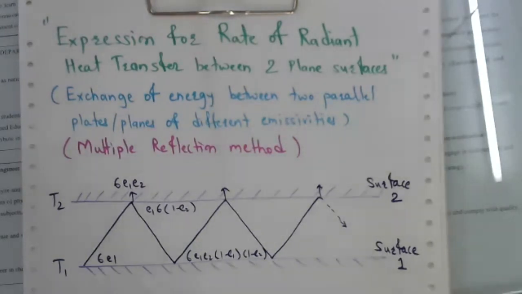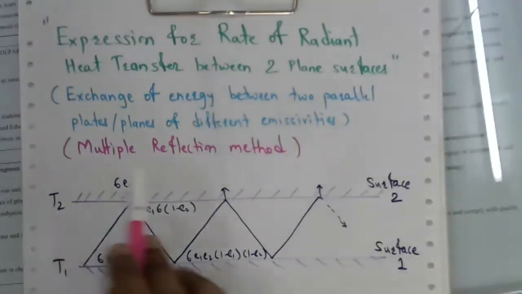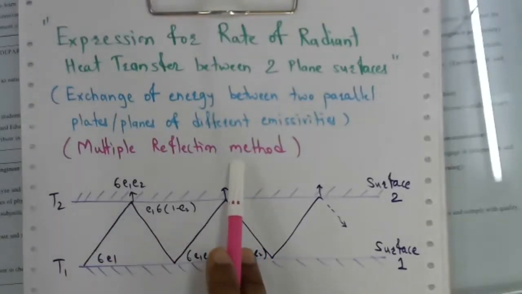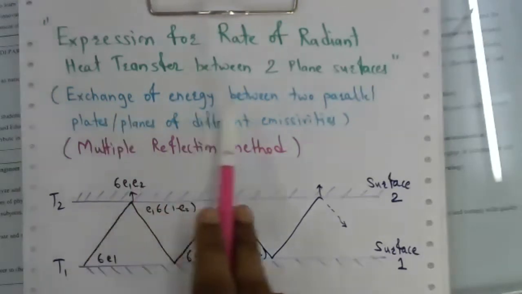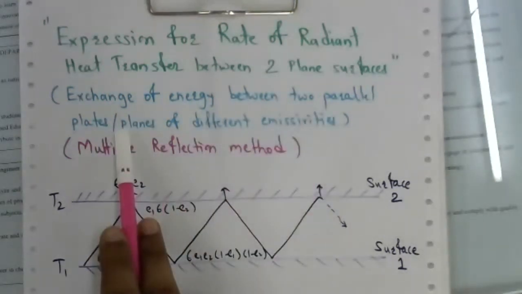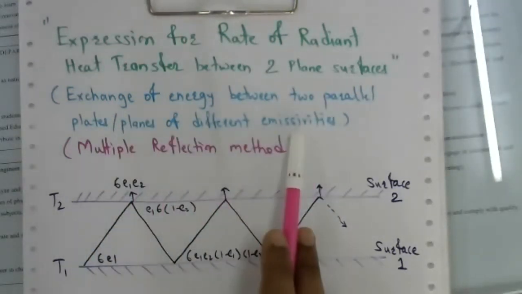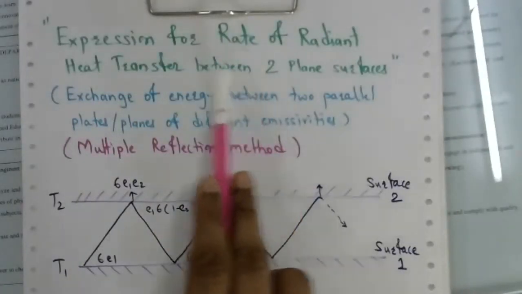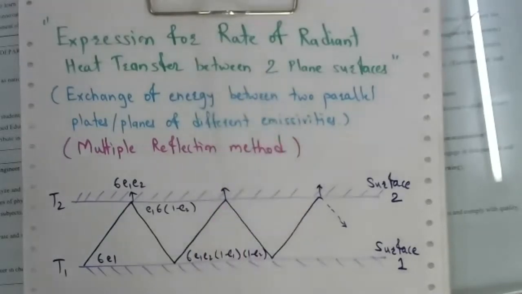It is also called the multiple reflection method. So this derivation may be a multiple reflection method derivation, or the exchange of energy between two parallel plates or planes of different emissivities, or an expression for the rate of radiant heat transfer between two plane surfaces, right?